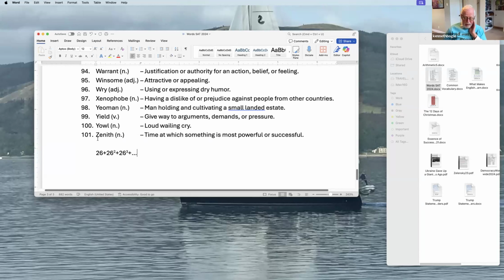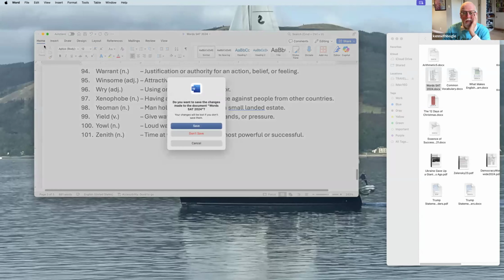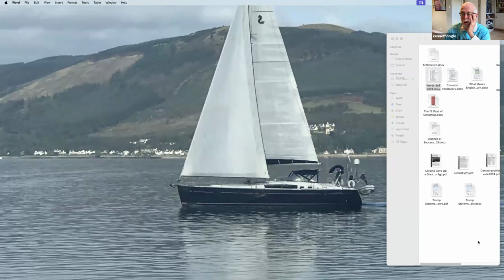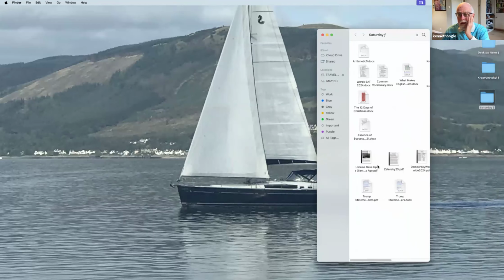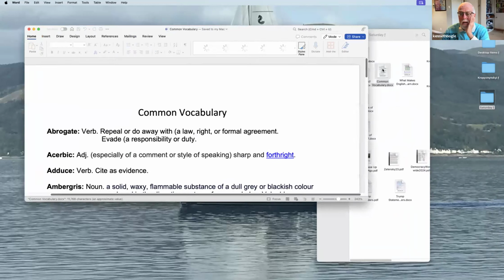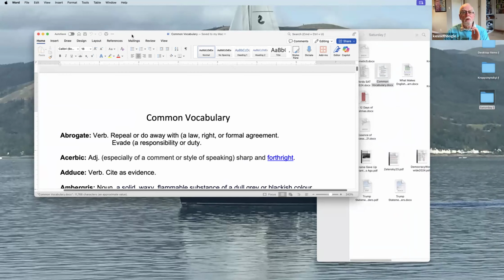I will eventually send this list of words to you, just so you've got a list as to what we went through. I'm going to bring up another list here that I will also send to you.